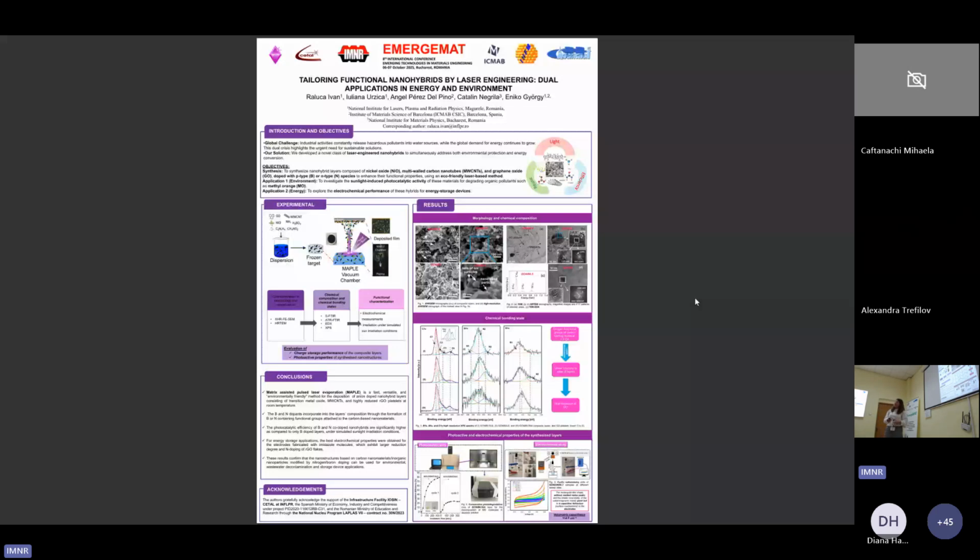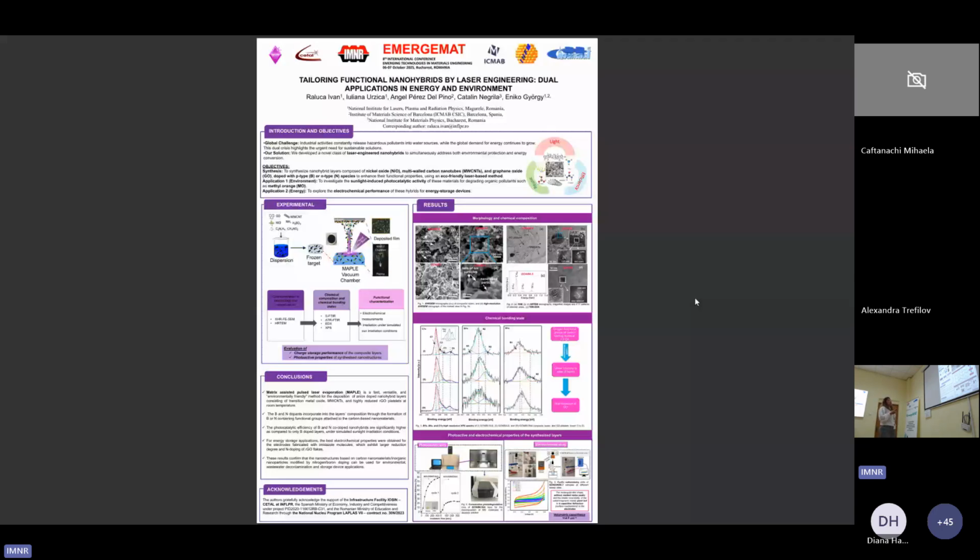So our work had a starting point in major global crises. One of them is the environmental pollution caused by the release of harmful organic contaminants into the water sources.